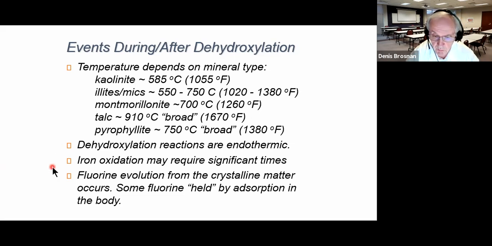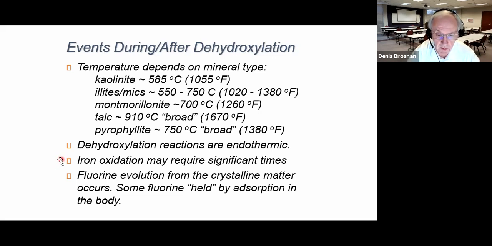Iron oxidation may require significant times at elevated temperatures. We know that we have red iron oxide, hematite, Fe2O3, as one possibility of oxidized iron. We have magnetite, magnetic iron oxide, Fe3O4, as a black iron oxide that can be present.